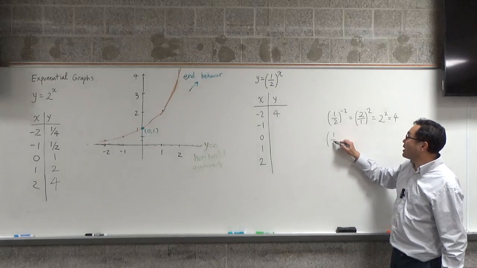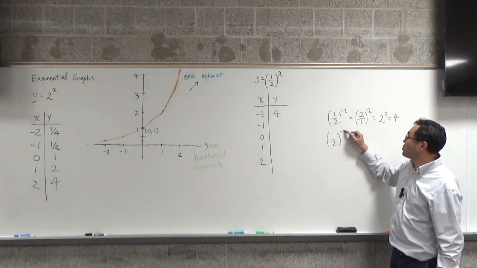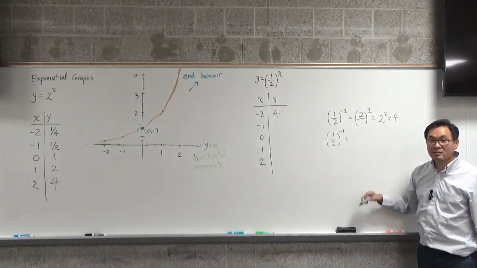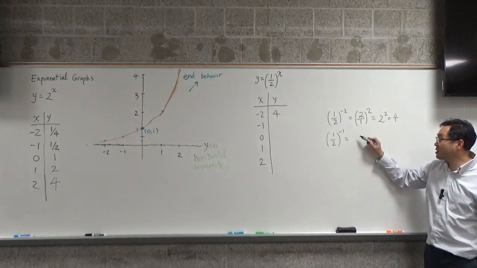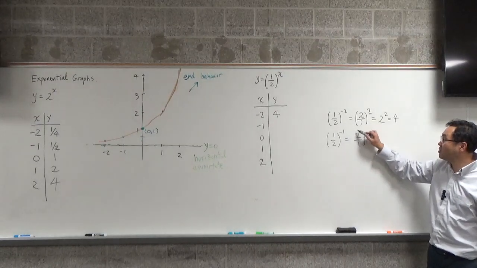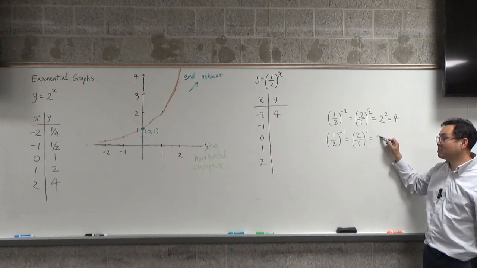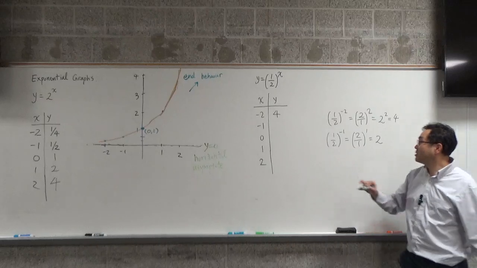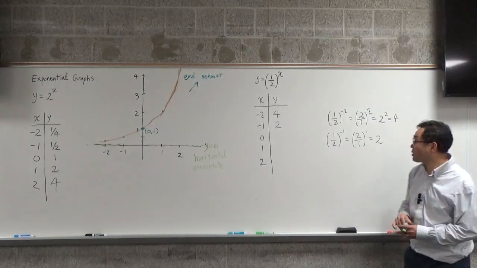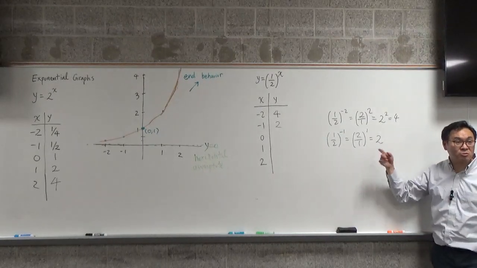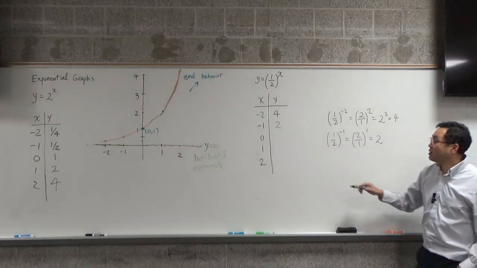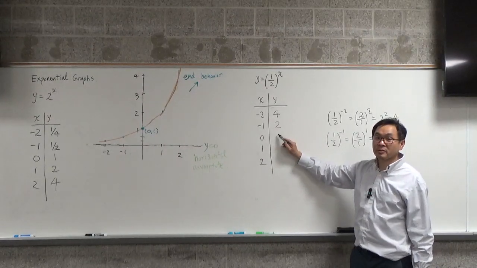All right. So you have (1/2) to the negative 1 power. What do you do again? Flip upside down. So you have 2 over 1 to the positive first power. What's that? 2. Right? 2 divided by 1 is 2, and 2 to the first power is 2. All right. What's anything to the 0th power? 1.